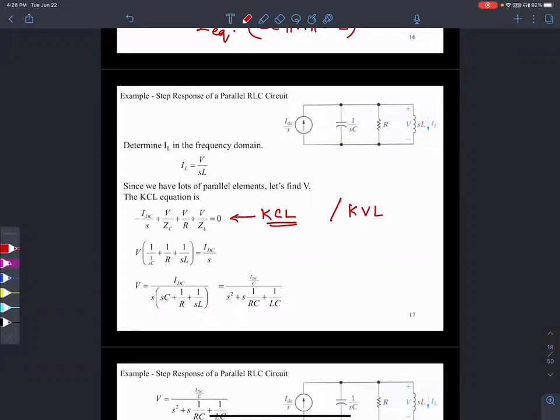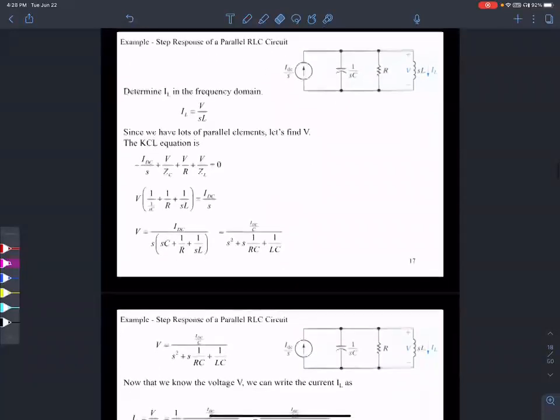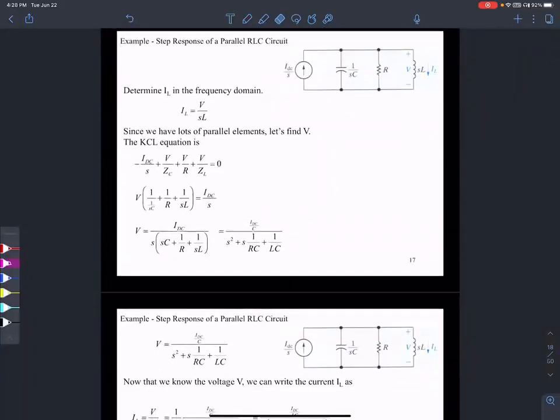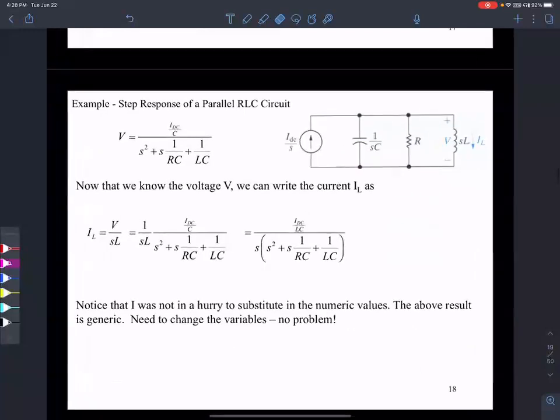But once you have these ZC, R, and ZL, you should be able to apply the very familiar circuit analysis tools that you have picked up in Engineering 17 and arrive at the solution. Node voltage method, mesh current method, and so on and so forth.